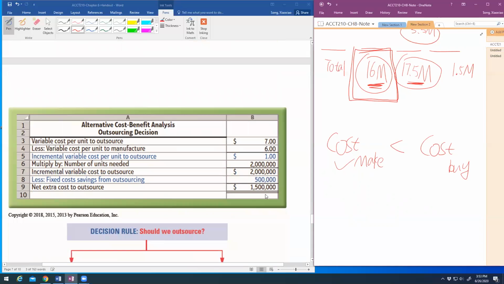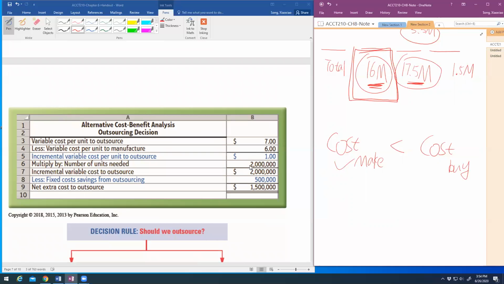Textbook gives you another format. It said if we use cost benefit analysis, the variable cost uses the same, but you compare the purchase price with the variable cost. You can say each one actually the cost is $1 more for variable cost.